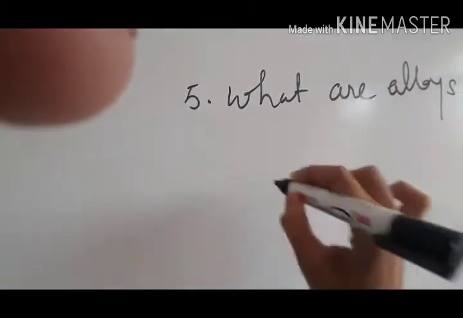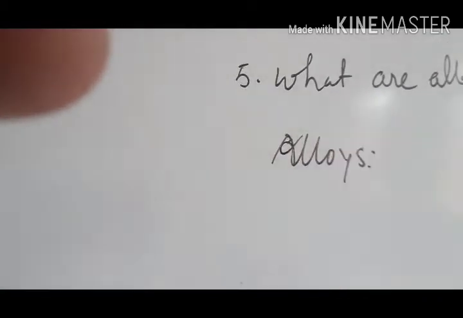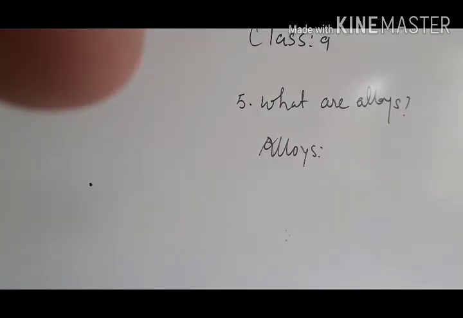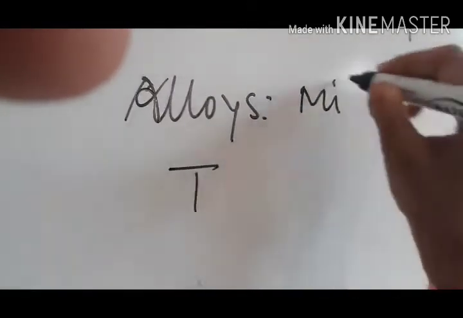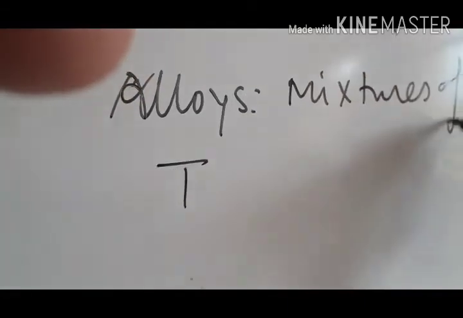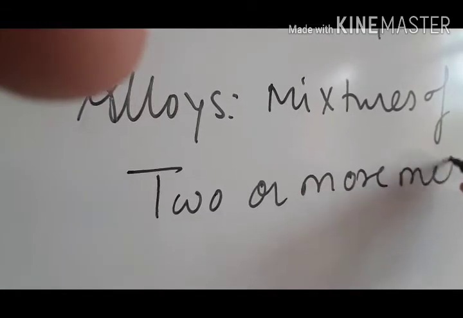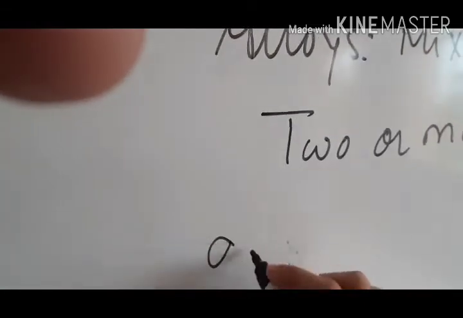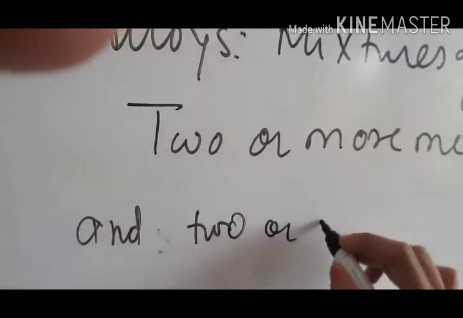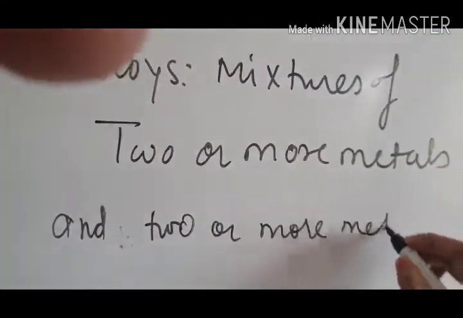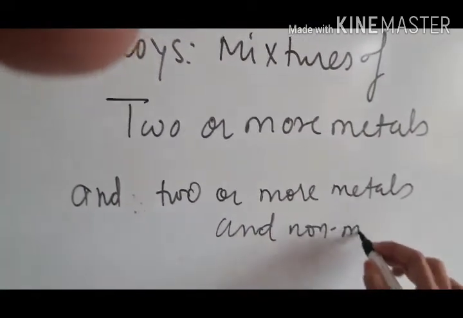So we can write that alloys are the mixture of two or more metals, or metals and non-metals.